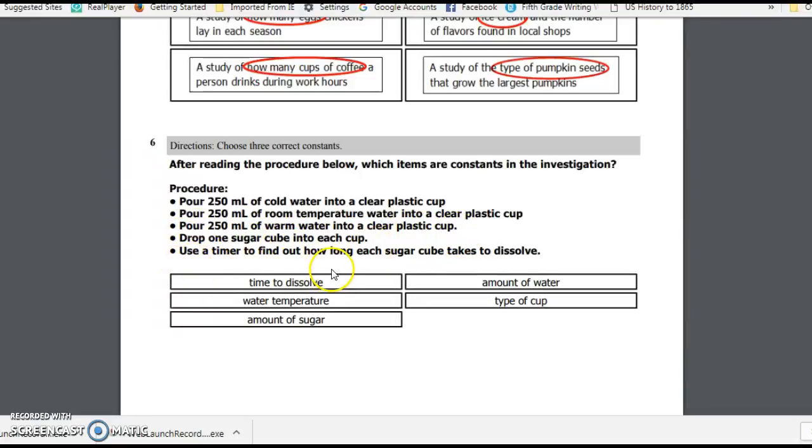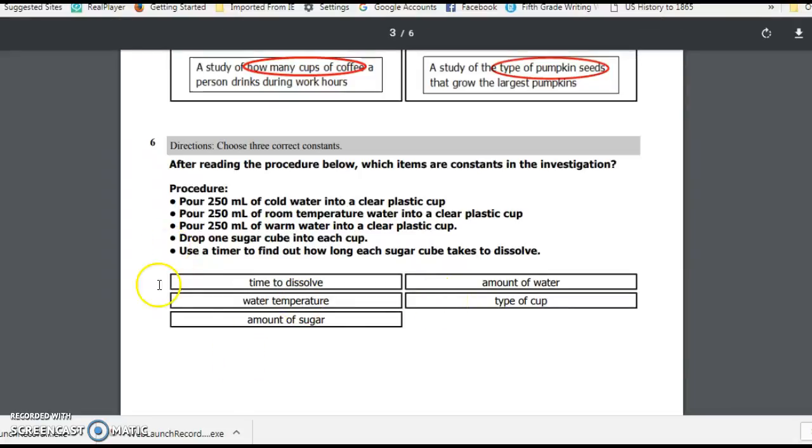Use a timer to find out how long each sugar cube takes to dissolve. So we are choosing the 3 things that are constants. We have time to dissolve, water temperature, amount of sugar, amount of water, type of cup. Mark all the constants on your loose leaf.